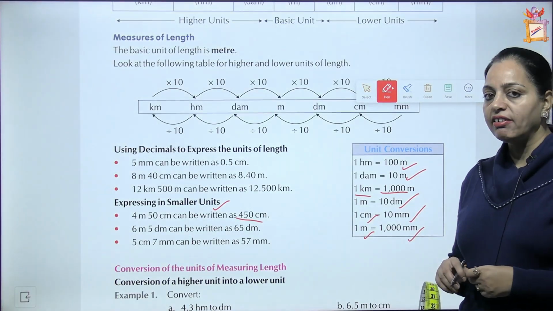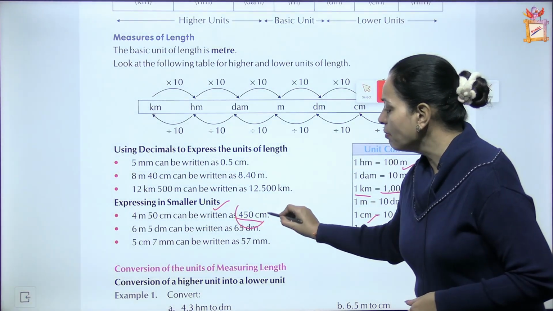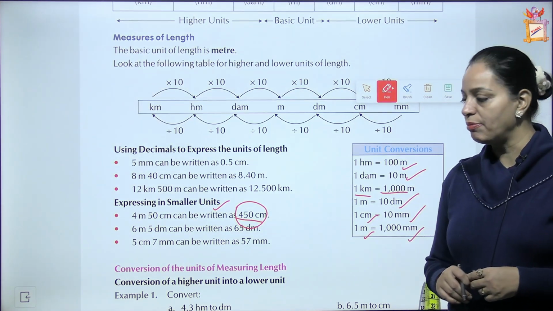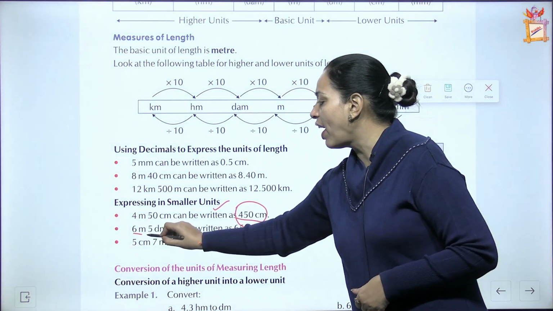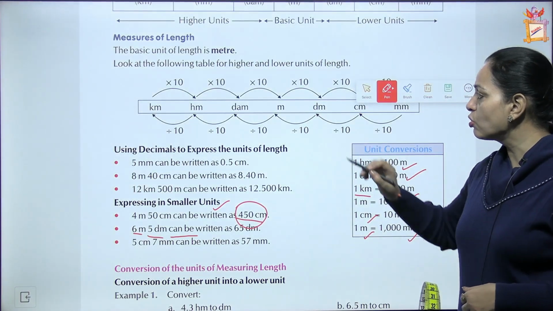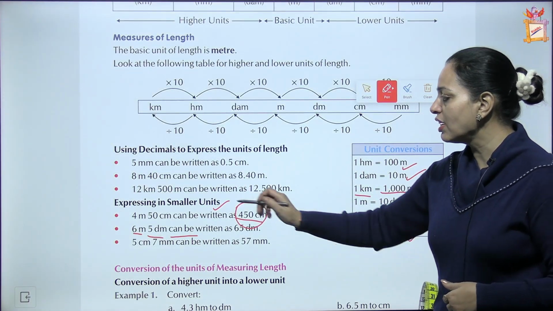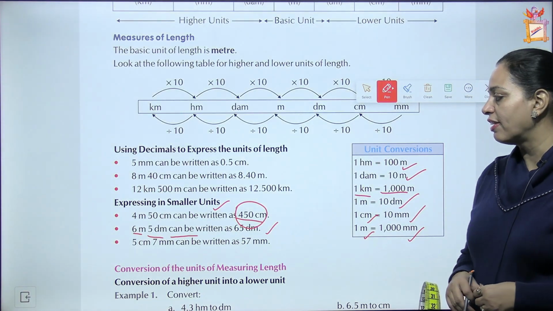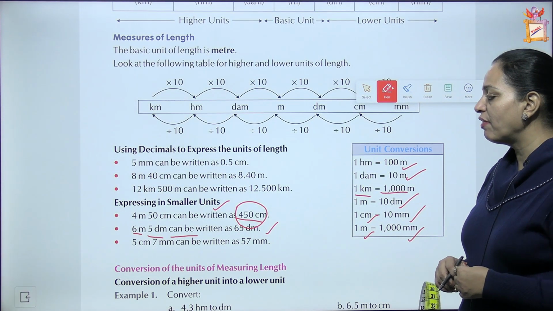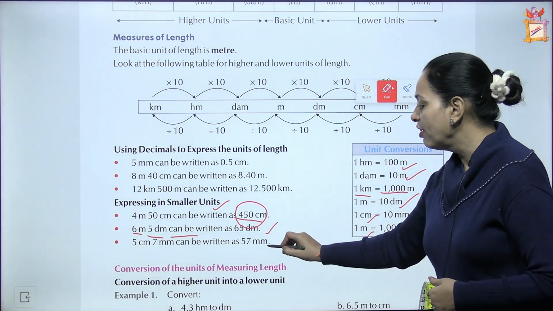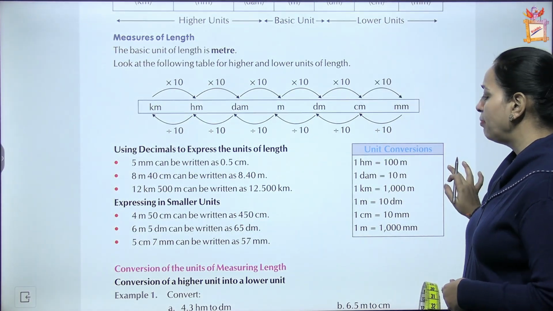So 1 meter is 100 centimeter, so this becomes 400 plus 50, 450 centimeter. Now 6 meter 5 decimeter can be written as, 1 meter equals to 10 decimeter, so 6 into 10, 60 plus 5, 65 decimeter. Now 5 centimeter 7 millimeter can be written as 5 into 10 plus 7, 57 millimeter.